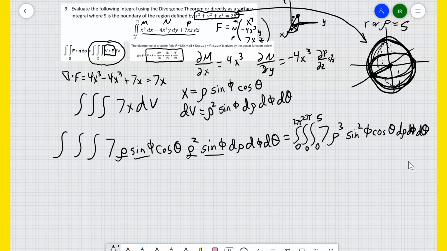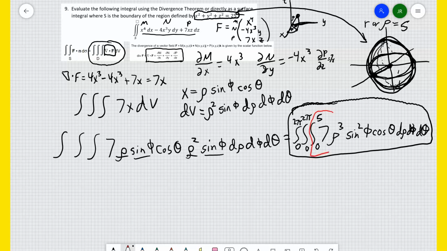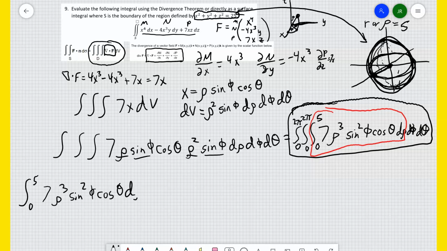All right, now that we've got the integral created, let's try our best to actually evaluate it and compute an answer. First we're going to do the inner integral with respect to rho. That's the integral from 0 to 5 of 7 rho cubed sine squared phi cosine theta d rho.